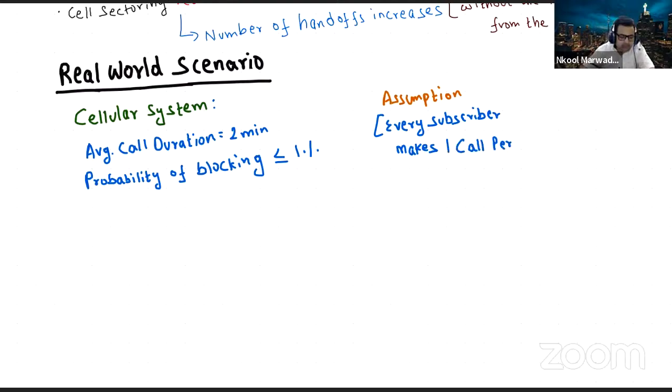And with this assumption, and one more assumption, there are a total of 395 traffic channels.